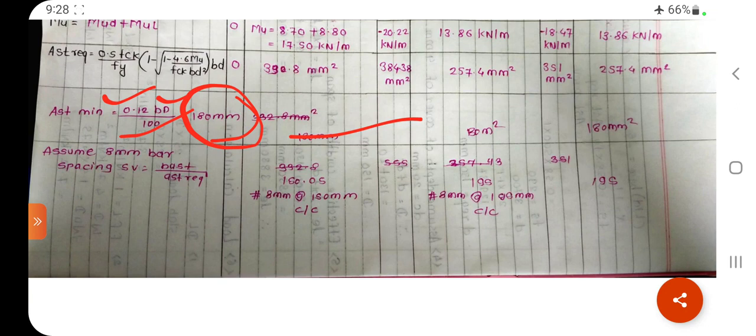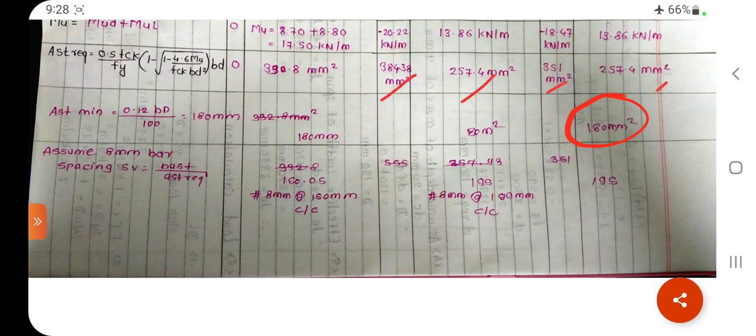So here b is 1000, capital D is 150, and multiplying it by 0.12 divided by 100, we get the minimum as 180 mm square. And if you observe all the areas of steel calculated, even at the support and the mid span, our steel is sufficient, or greater than AST minimum.